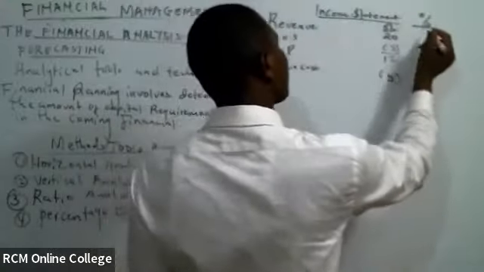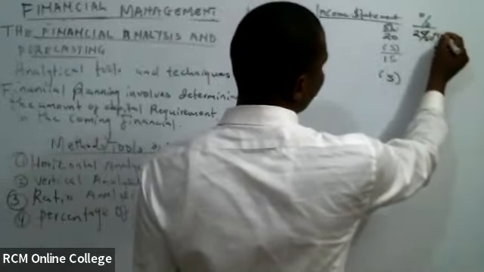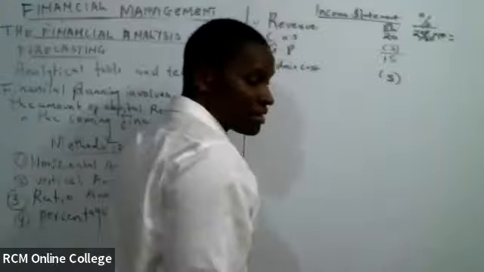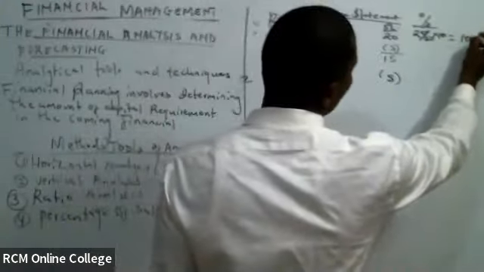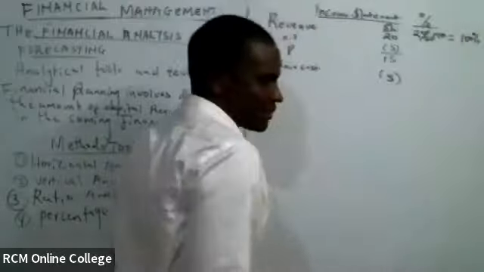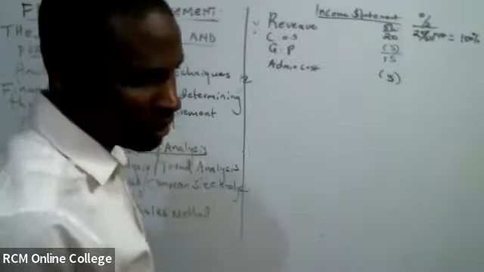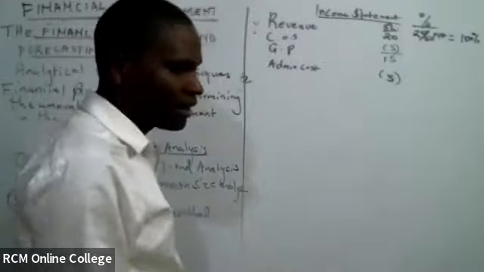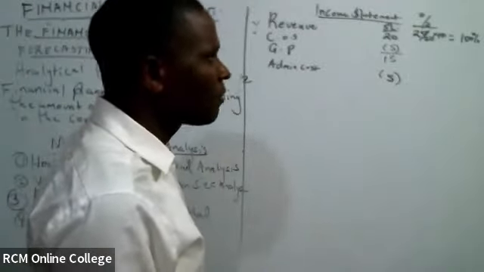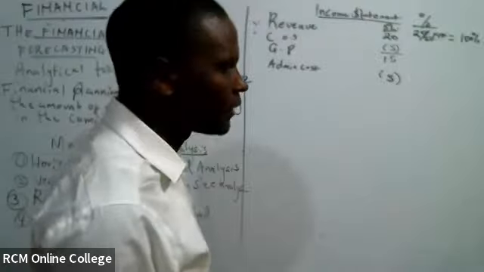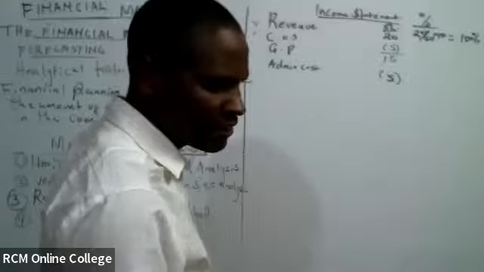So this will be 20 out of 20 times 100. What will be the percentage of my sale? It will be 100%. So our sales under this method will always be 100%. Unlike in the other methods, where you can get even more than 100% in a certain item.